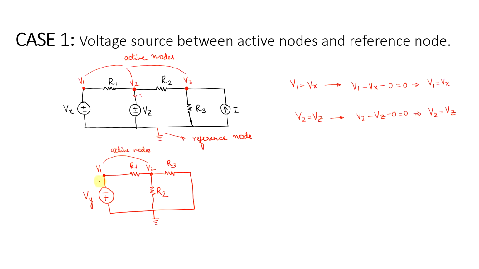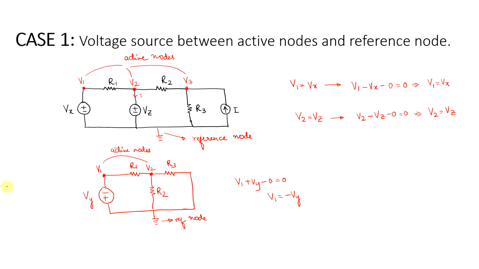So when I look at this particular node voltage V1, it has a voltage source connected between an active node and a reference node. So when I write the equation for V1, I can write V1 plus Vy minus 0 is equal to 0, or V1 is equal to minus Vy.